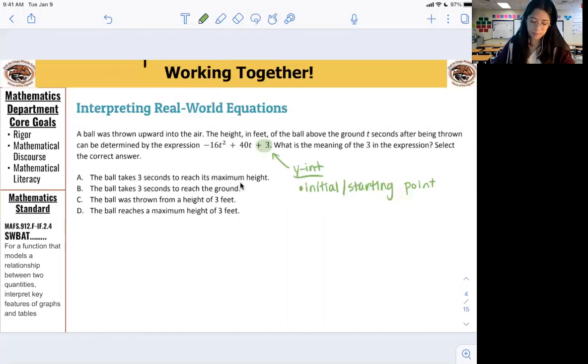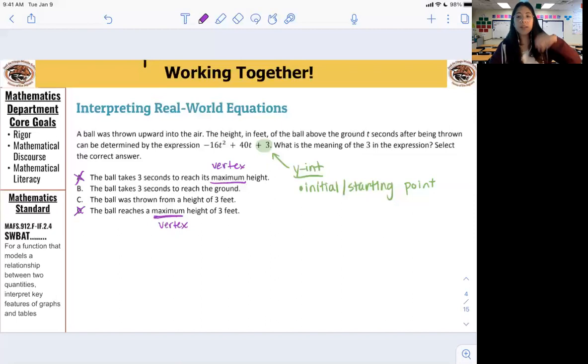Maximum is h, which is located at the vertex. Maximum would be the height. The maximum, the vertex, I mean, sorry. That's what I meant. Maximum would be the vertex. That's not what we're talking about. We're talking about y-intercept, not vertex. So A and D are out because they're talking about maximum. Both of these have to do with vertex.